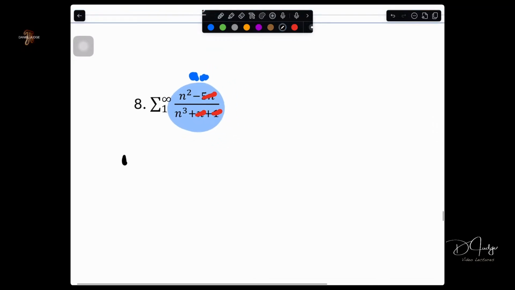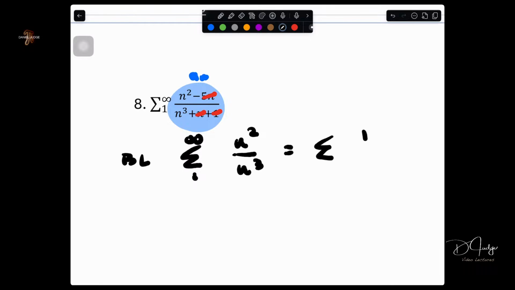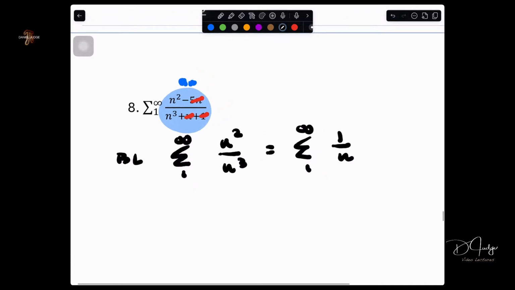So this particular series behaves like the series from 1 to infinity of n squared over n cubed, which is really going to be 1 over n. So a_n now again in blue, and b_n over here.